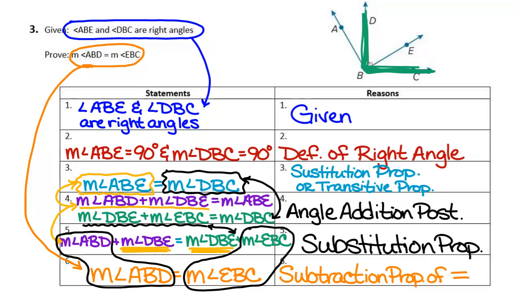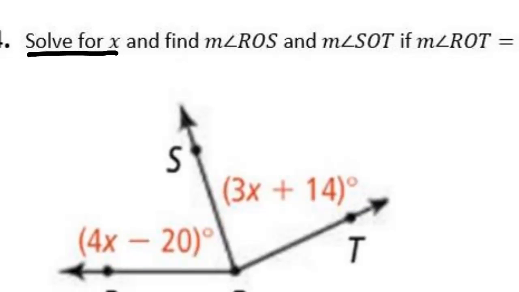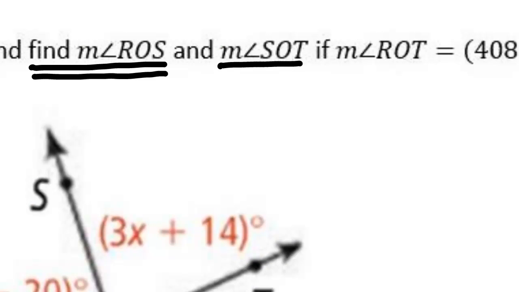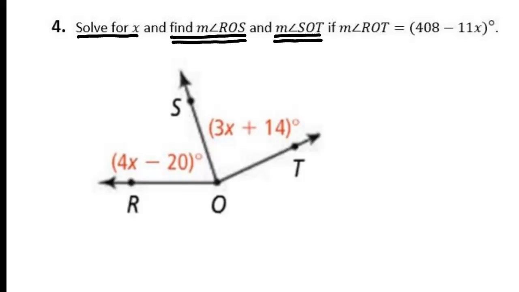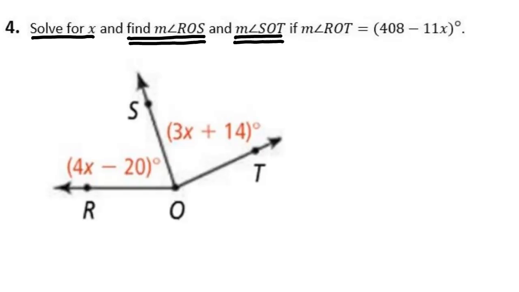Fantastic. Let's look down at number 4. Is number 4 a proof? No, we have a solving problem, but we're going to have to use an idea that we used here in our proof in order to be able to solve this problem. So let's look at what we've got. It says solve for x and find the measurement of angle ROS and the measurement of angle SOT if the measurement of angle ROT is 408 minus 11x.